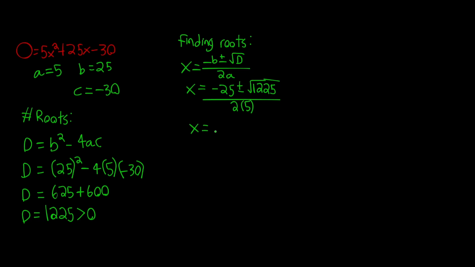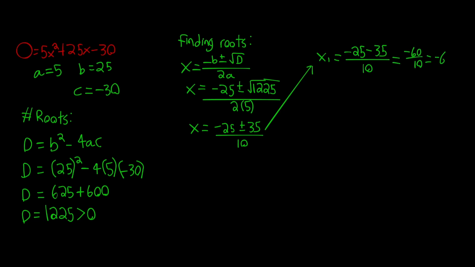So this gives me negative 25 plus or minus 35 divided by 10. Okay, so from here, I'm going to split into my two cases. I'll draw one of them up here. x1 is negative 25 minus 35 divided by 10, or negative 60 over 10, or negative 6.